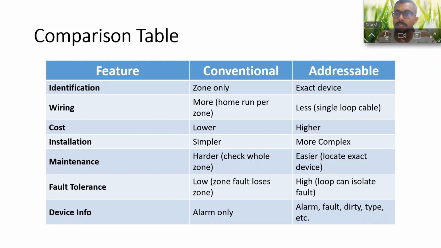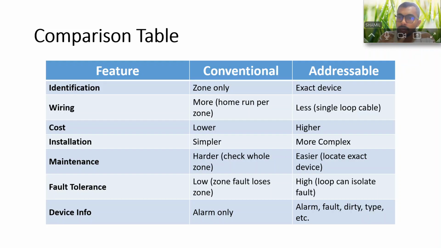When it comes to the installation part, installation for the conventional system is easy. It is simple. It's not a complicated process when compared to addressable. In addressable, it's more complicated because you need to determine several factors.